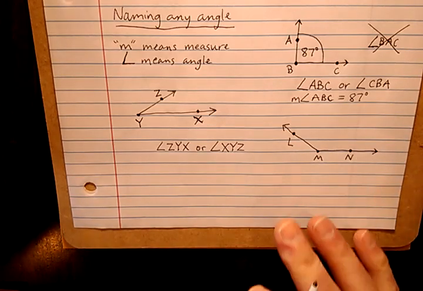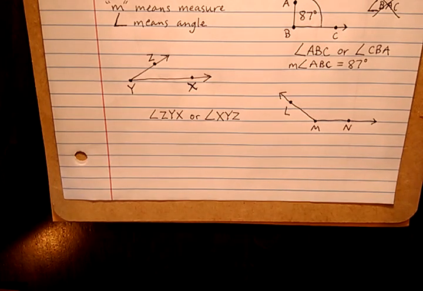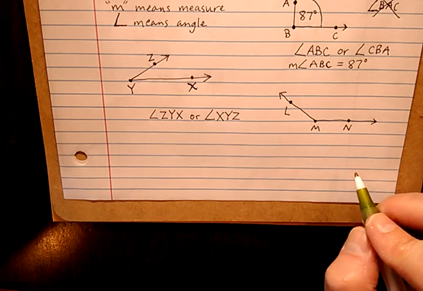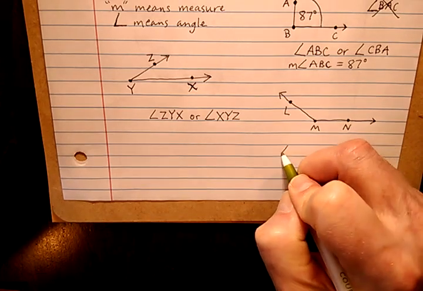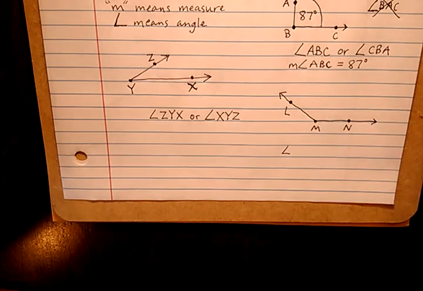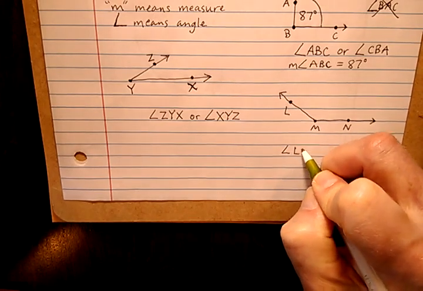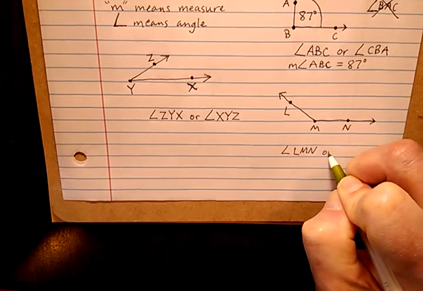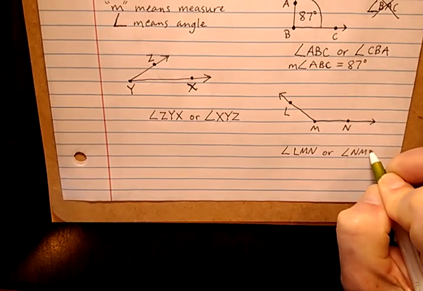And I want you to write down two names for that angle. Use the angle symbol. Okay, you should have written angle LMN or angle NML.